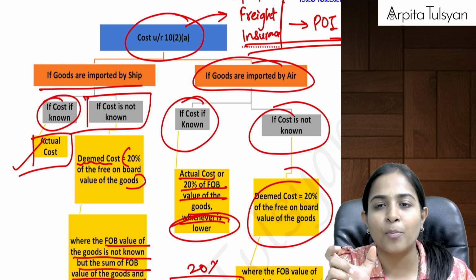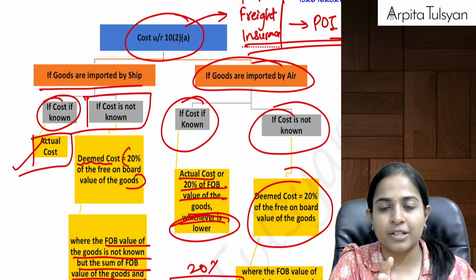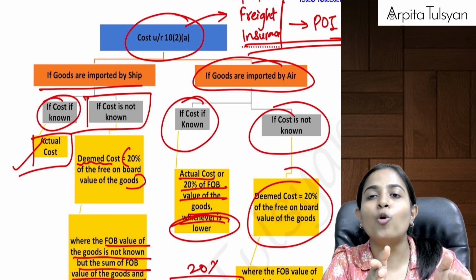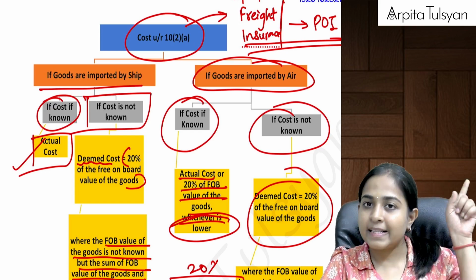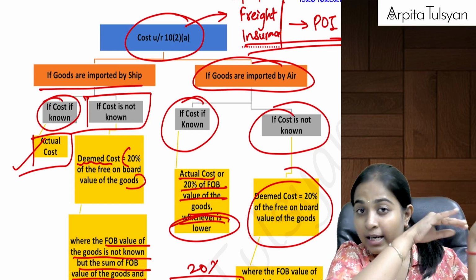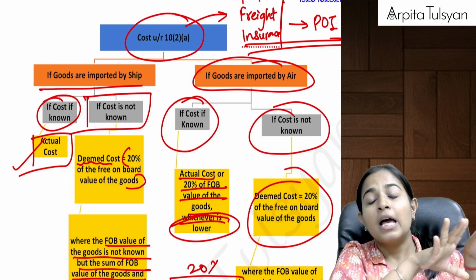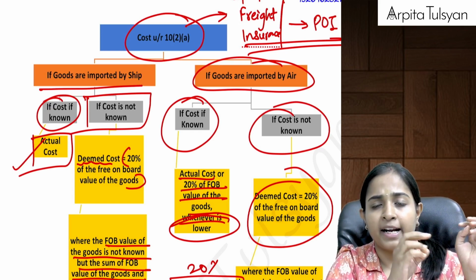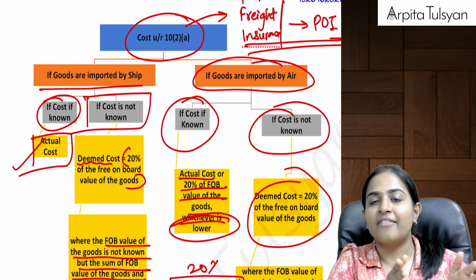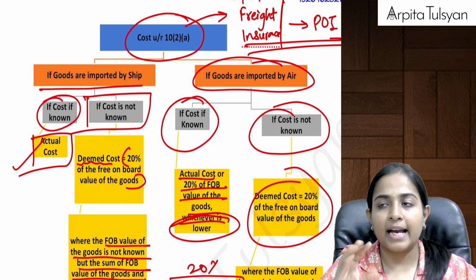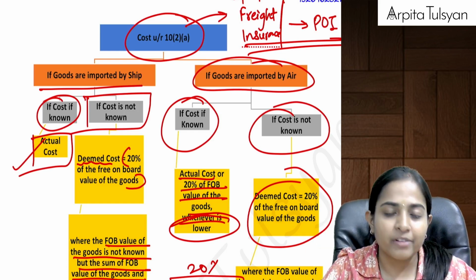What do you mean by free on board value? All the cost till the time of loading the goods by the exporter, that is his cost plus his local country cost, excluding freight, till the load port, will be considered as the FOB. On FOB, 20% will be the deemed cost.